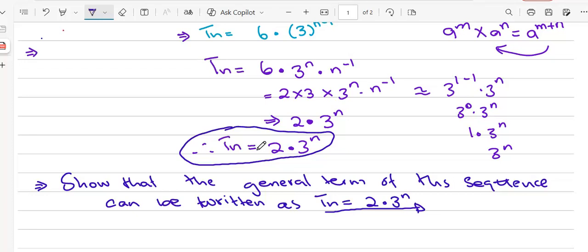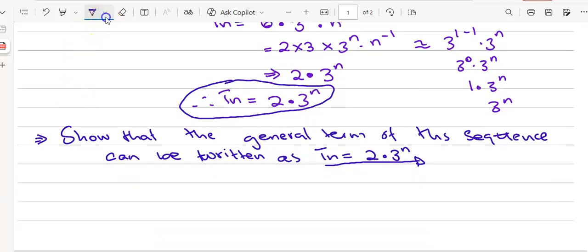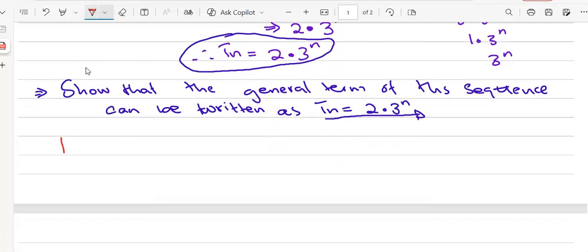Another way they can ask this is, the first question might say, find the nth term.